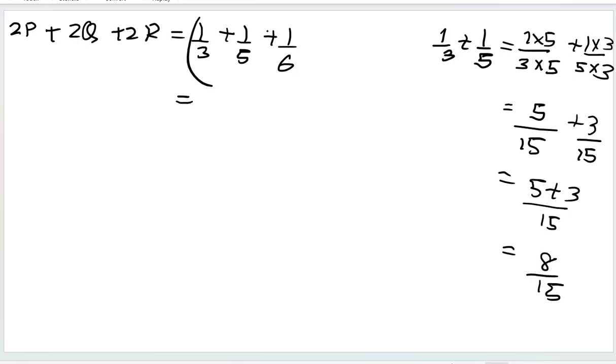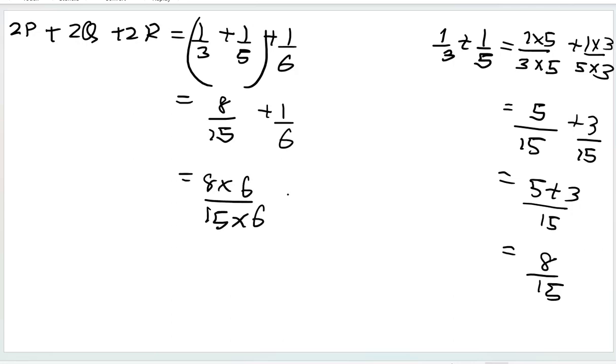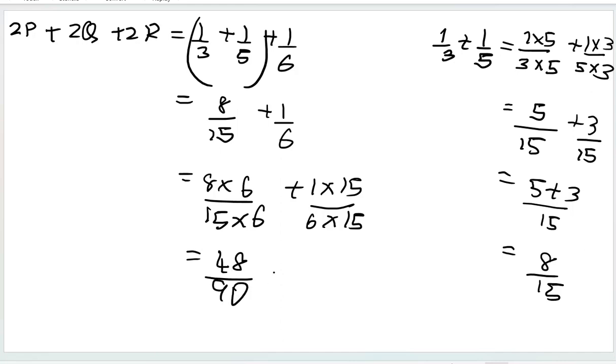So after adding just first two, I get the answer is 8 upon 15 plus 1 by 6. Now I add this. To again add this, I need to make the base same. 15 into 6 plus 1 into 15 upon 6 into 15. 6 8s are 48 upon 90, 15 upon 90.